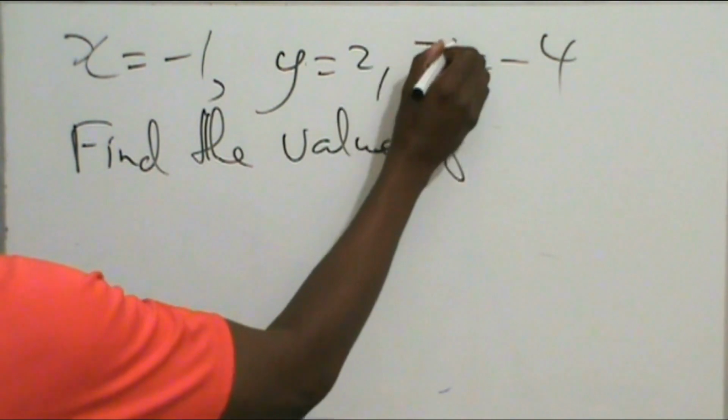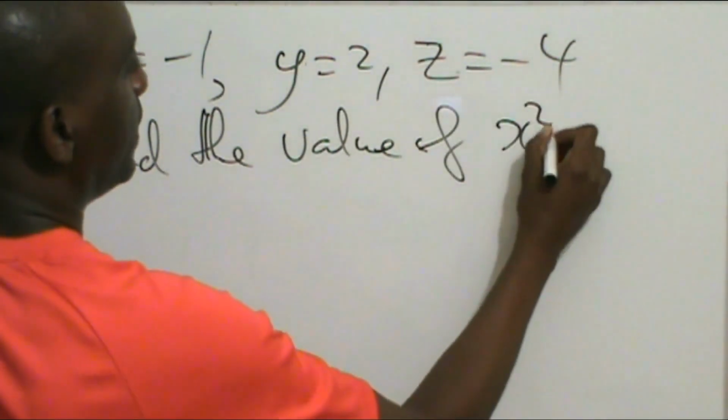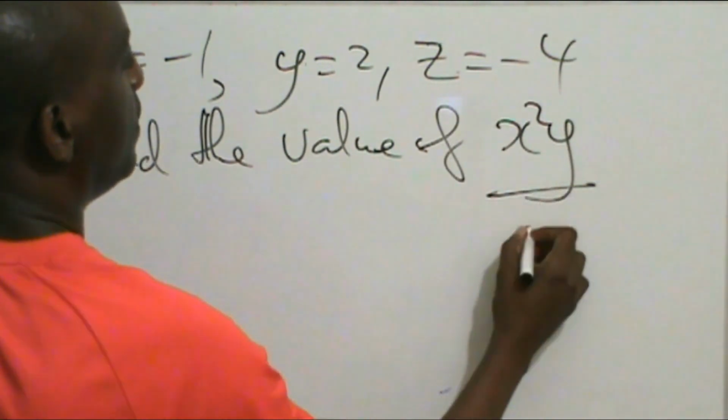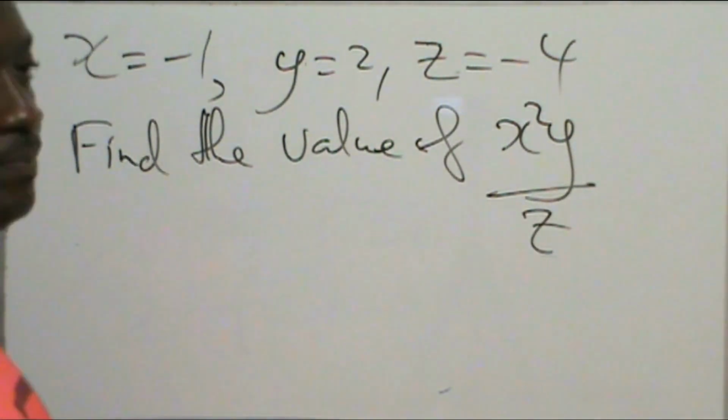So ABC becomes x, y, z. Find the value of x squared y over z. Let me leave it like that for now.